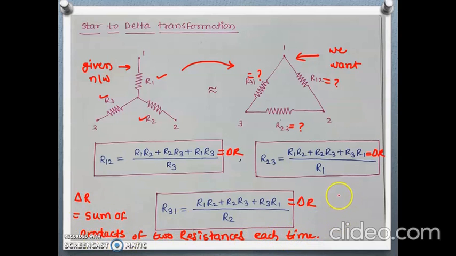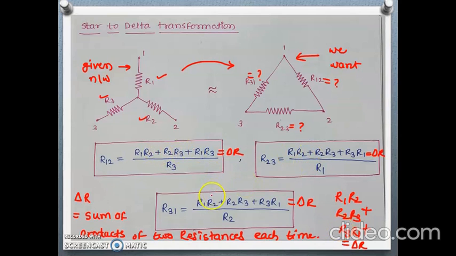At a time two resistances are taken. Suppose this R1 and R2 are taken, R2 and R3 taken, R3 and R1 taken. These are the three possible combinations, and the product of each is taken. The sum of these three products is nothing but delta R.